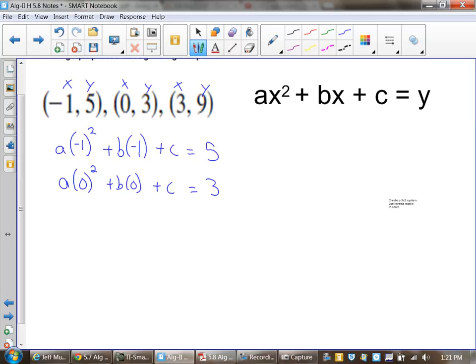Then the third equation: A times 3 squared plus B times 3 plus C is 9.